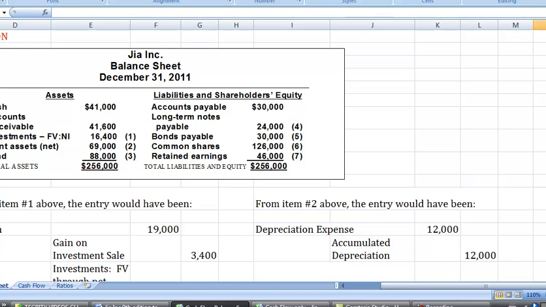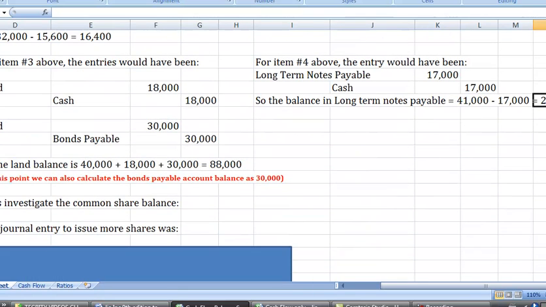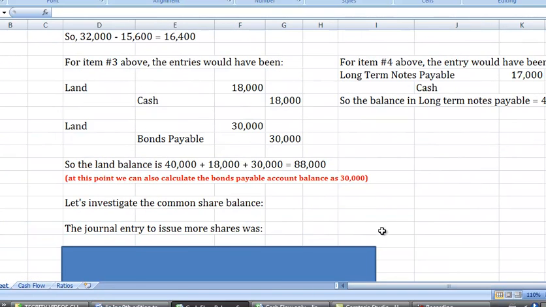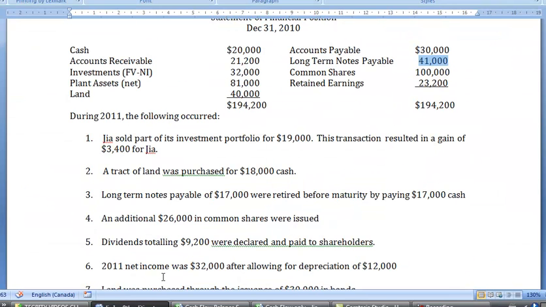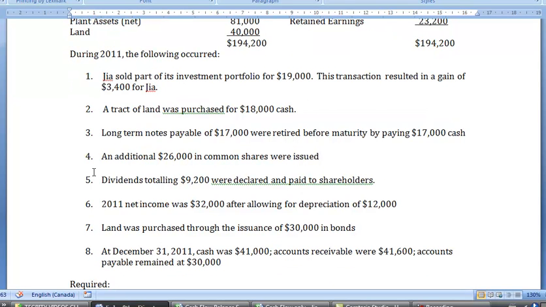Don't forget, with our common shares, what happened there? Well, we know that during the year, if we look at the equity side, we issued $26,000 more in common shares. Let's go back to the question. The question told you here that you had an additional $26,000 in common shares that were issued.